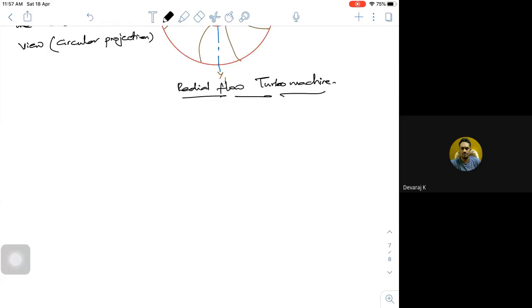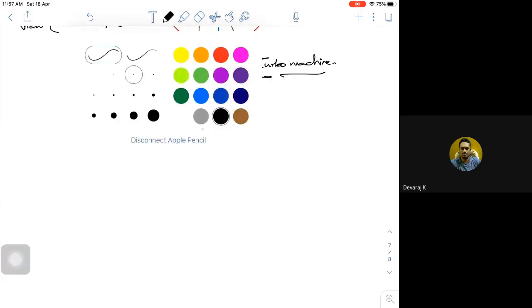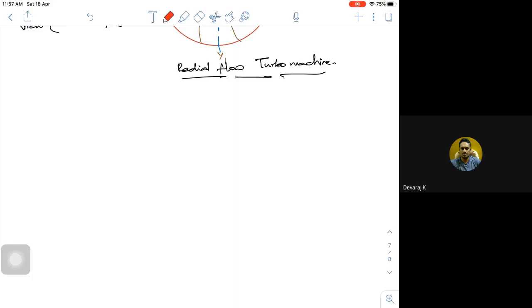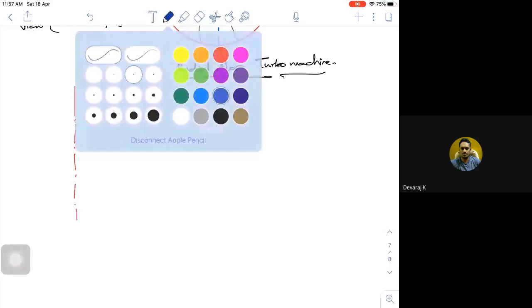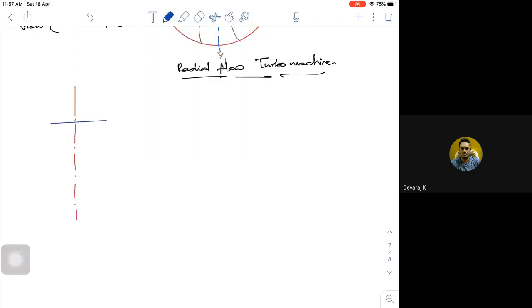It looks something like this. So I do have the axis itself like this, and I have the corresponding drum like this. This is the rotor drum, fine.